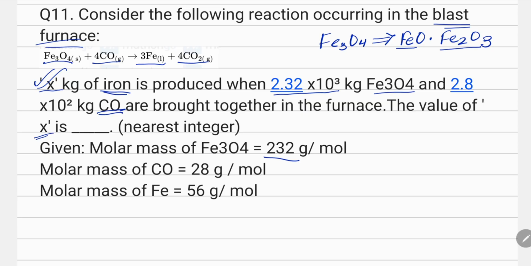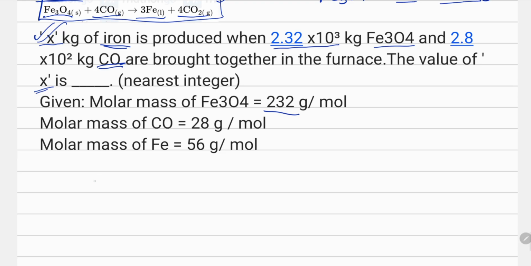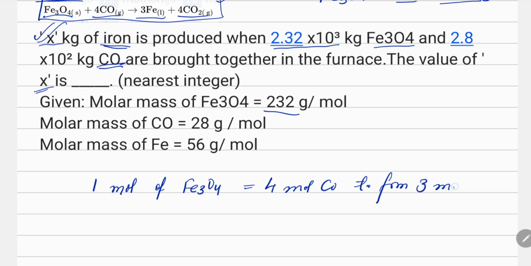To calculate this X kilograms of iron, first we have to understand the molar ratio in the balanced chemical equation. As we can see, 1 mole of Fe3O4 reacts with 4 moles of carbon monoxide to form 3 moles of iron.